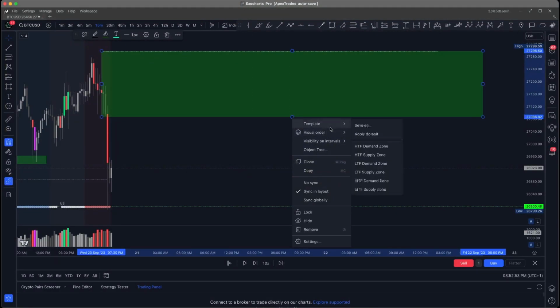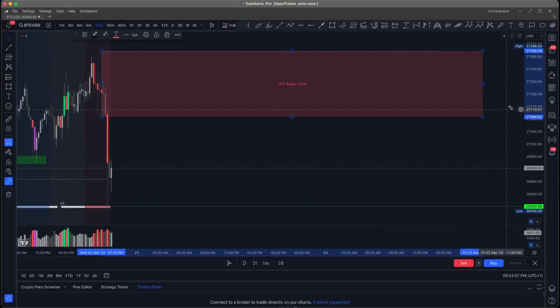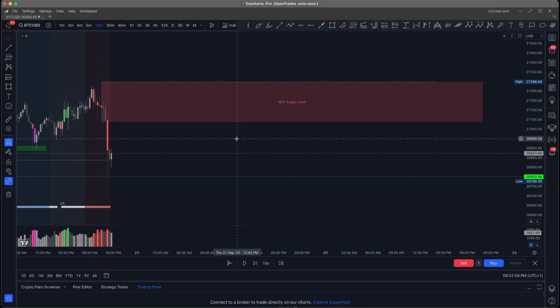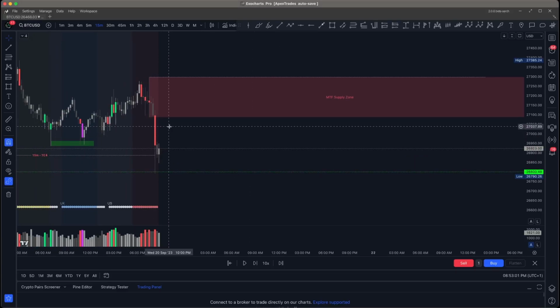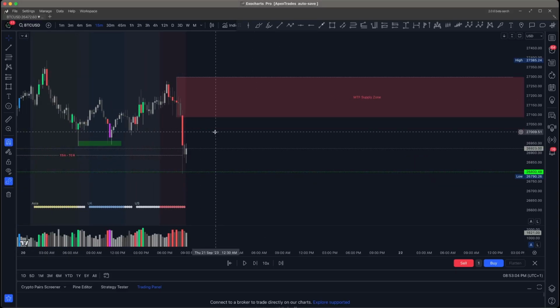So this is a supply zone now, right? So it's a medium term time frame supply. And now, obviously, because of the break, I'm waiting for us to come back into the zone. We don't roughly know where that zone's going to be, because if you look here, you can see candle.